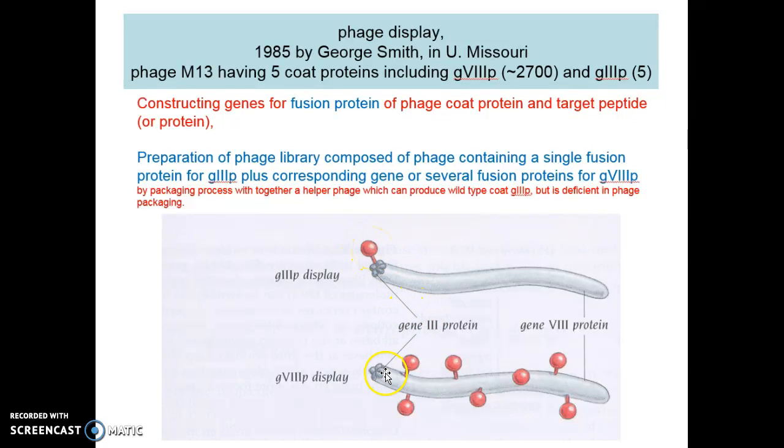Or you could construct the G8P protein below, but in this case you have multiple fusion proteins. So the top one is called monovalent, and the lower, multivalent. Not shown in this picture, the corresponding gene for the fusion is encapsulated inside this particle.